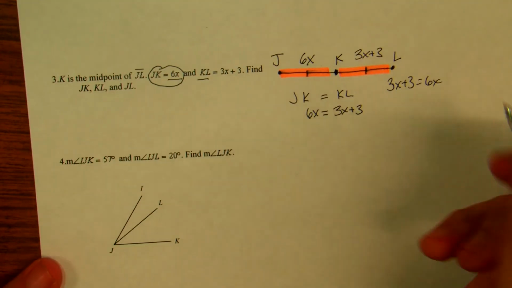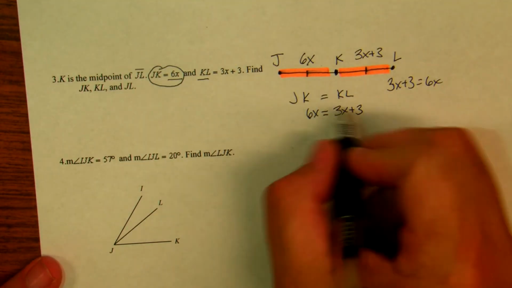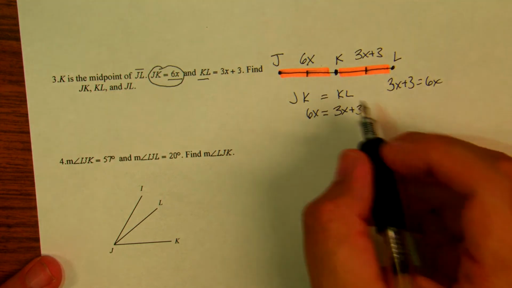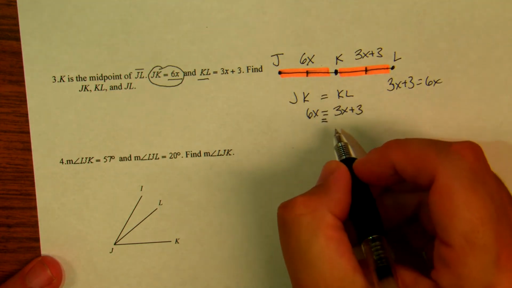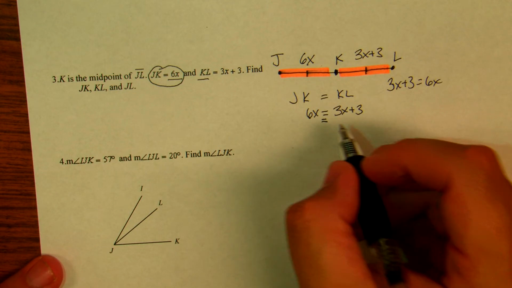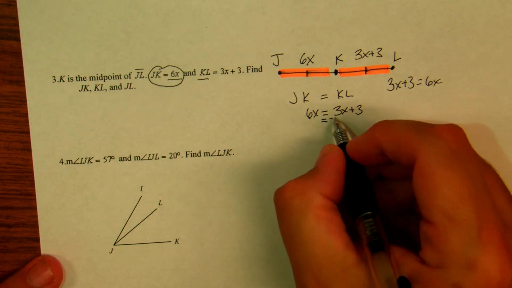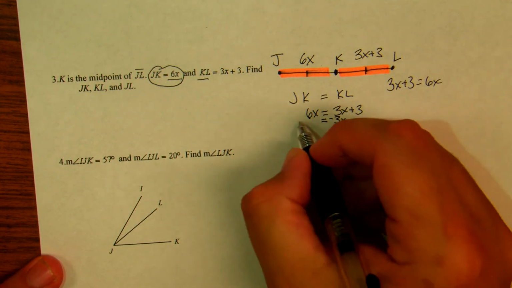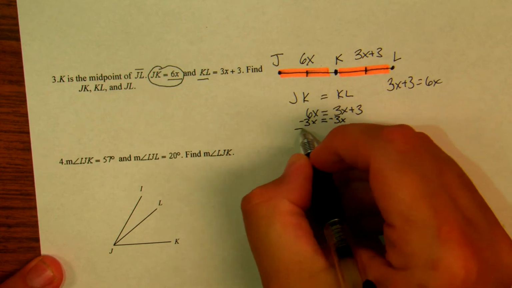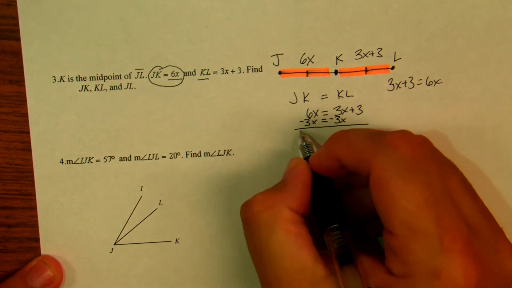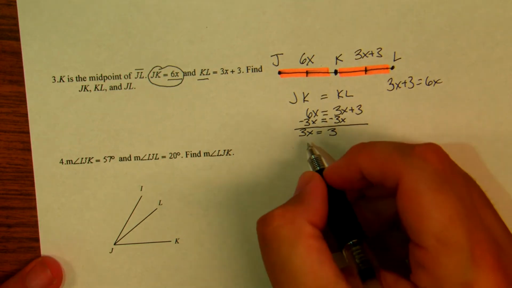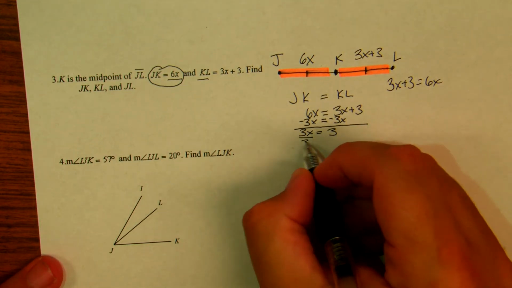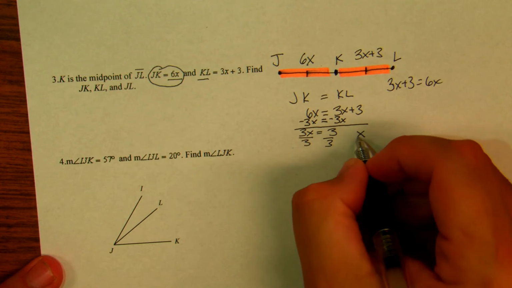Now, how do you solve this for x? Say that one more time? Yeah. Subtract 3x from both sides. 3x is equal to 3. So x is equal to what?